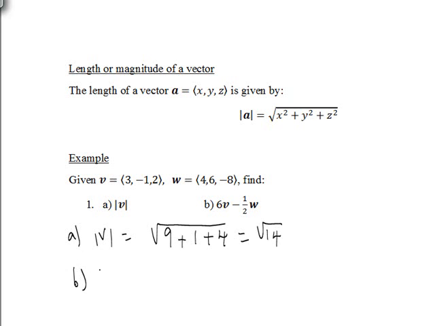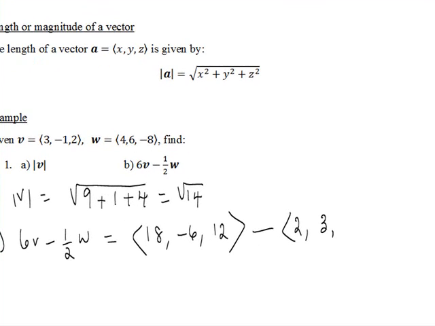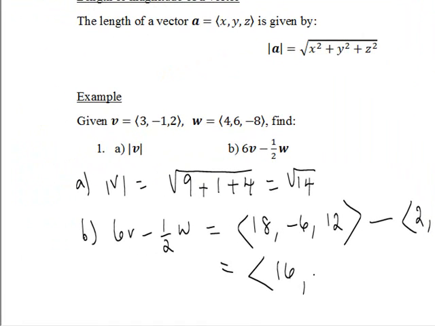B, 6V minus a half W equals, just do exactly that. 6 times V, so you multiply each component by 6. 18, minus 6, 12, minus half W, 2, 3, minus 4, subtract, you get 16, minus 9, 16.